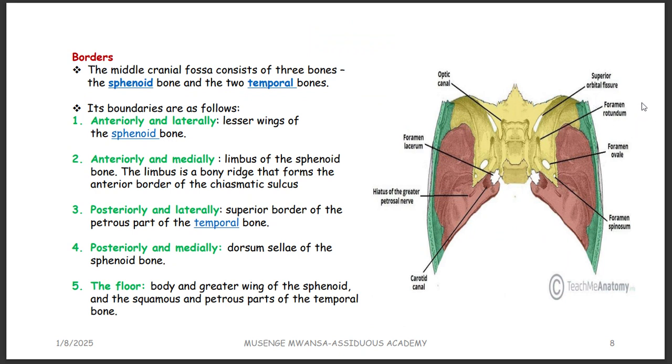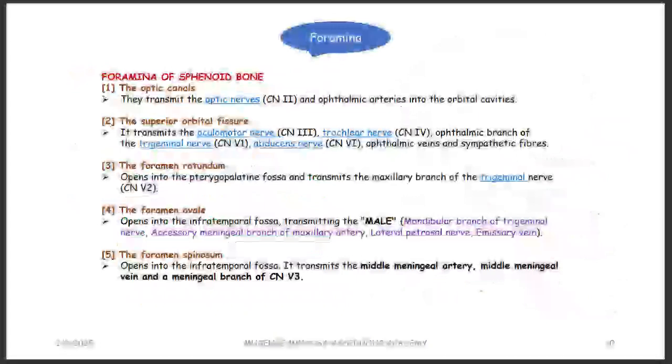Foramen rotundum is what follows. The branch that comes next is V2, which is the maxillary. Foramen ovale is what comes next. The branch that follows is V3, which is the mandibular. Foramen spinosum, it is just a branch of V3, which is the meningeal branch. It's going to the meninges, which is the dura mater, arachnoid mater, and pia mater.